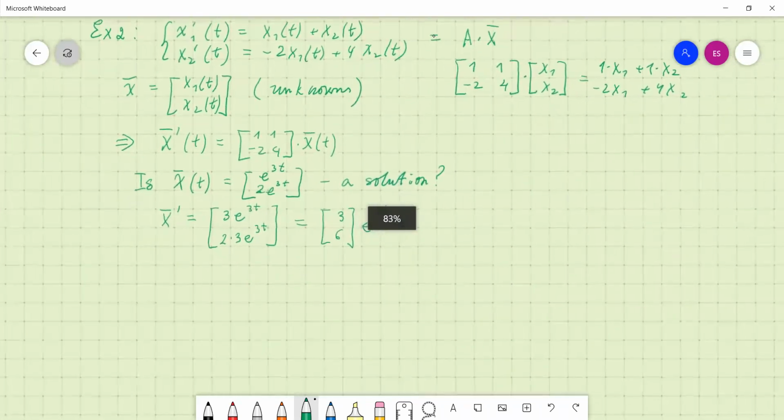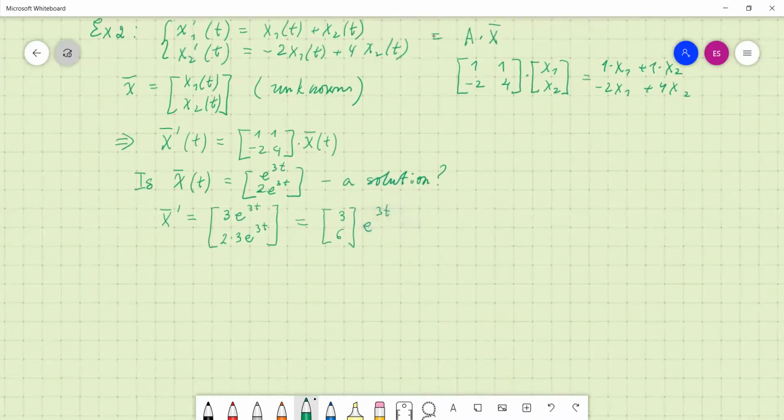Now we are going to check the right side. Right side is just this vector multiplied by a matrix, right? So my right side is 1, 1, minus 2, 4 multiplied by e to the power of 3t and 2e to the power of 3t. Is it going to give us the same expression? Well, I'm going to multiply 1, 1 by this vector. So I'm multiplying 1 by e to the power of 3t. It's e to the power of 3t.